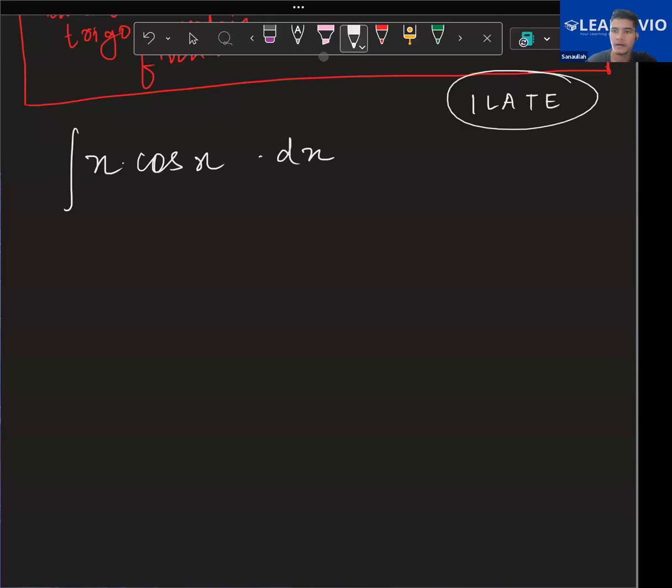Eyelet के according, what will be your first function?